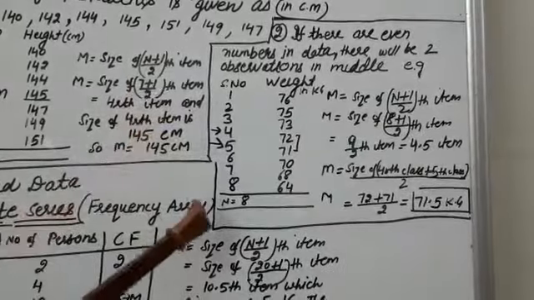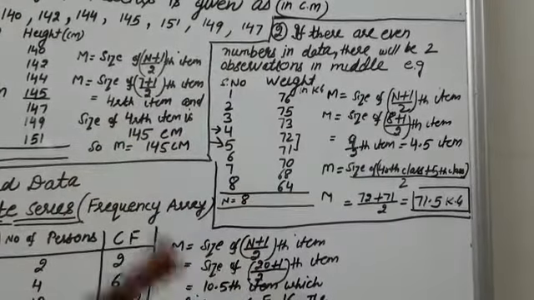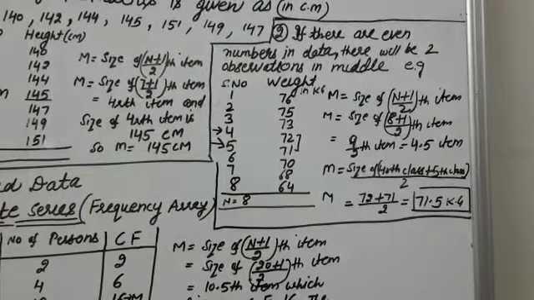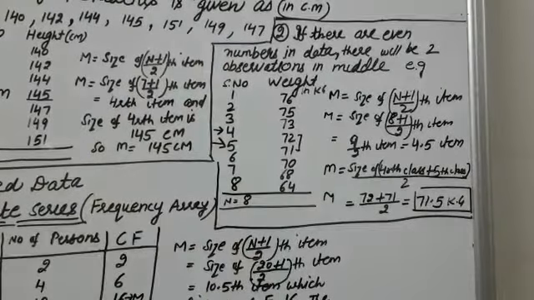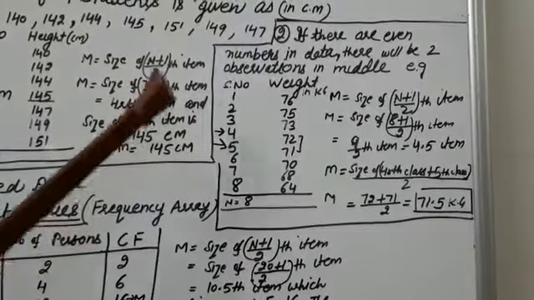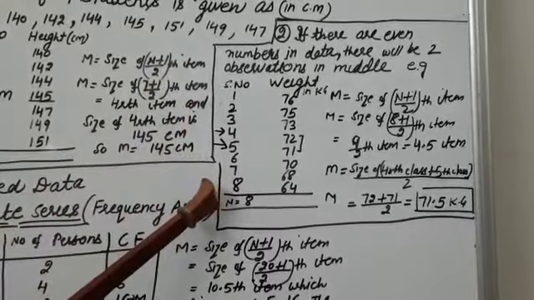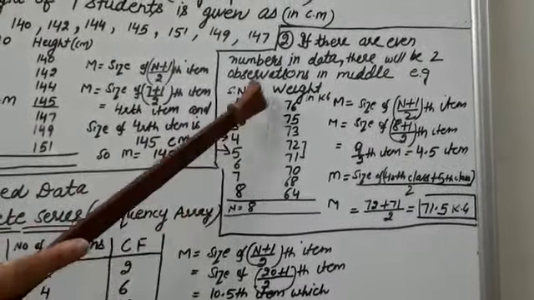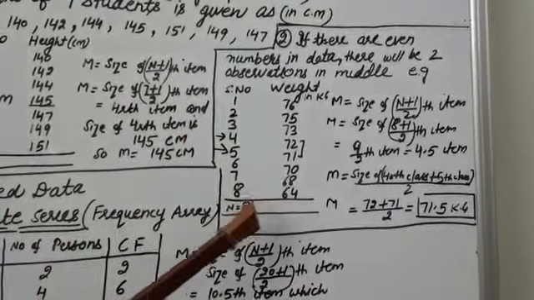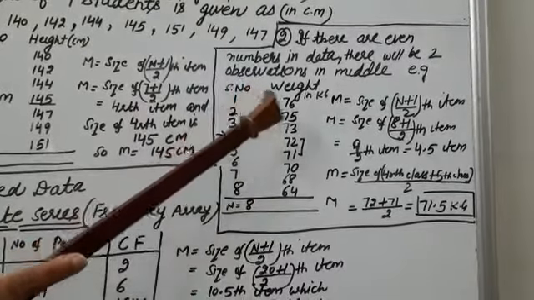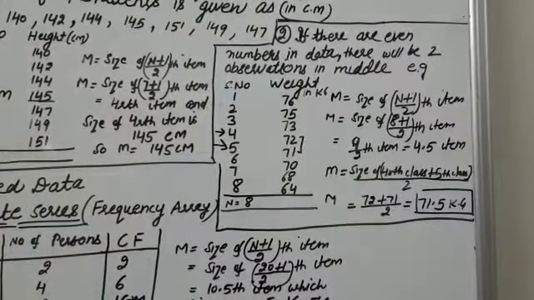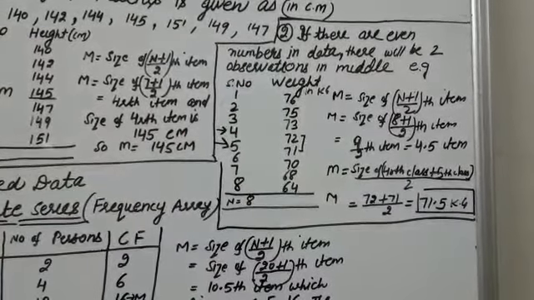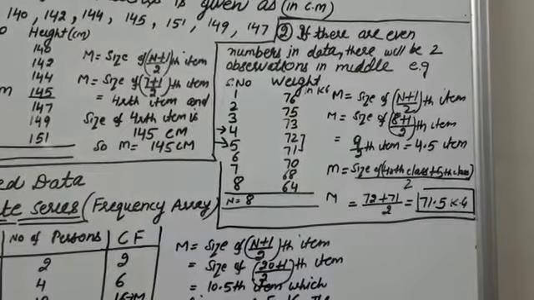Here we have arranged the weight in descending order. It is your choice whether to arrange in ascending or descending order. The serial numbers of 8 students are mentioned here. Then weight is arranged in descending order, that is 76 kilogram, 75, 73, 72, 71, 70, 68 and 64.